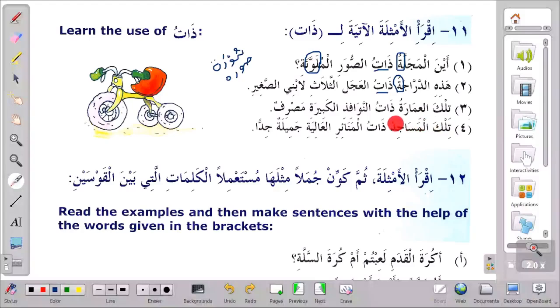So tilka masajidu, mosques. Zatul mana'ir al-aliyati. Mana'ir is the minaret. When they build a mosque and then they raise something on it, that we call minaret in English. That is what we mean by the minaret.